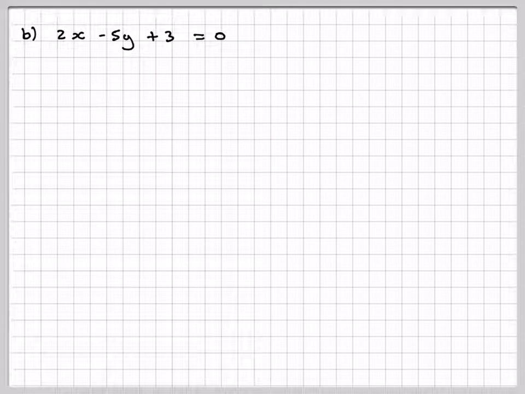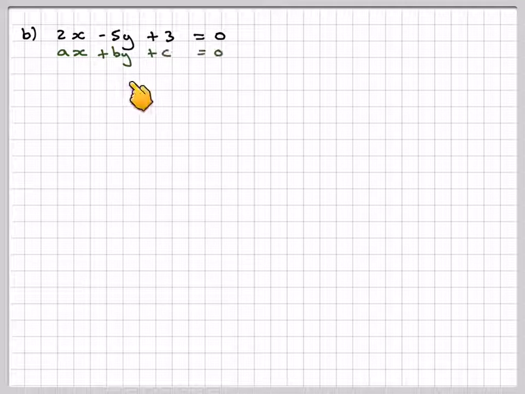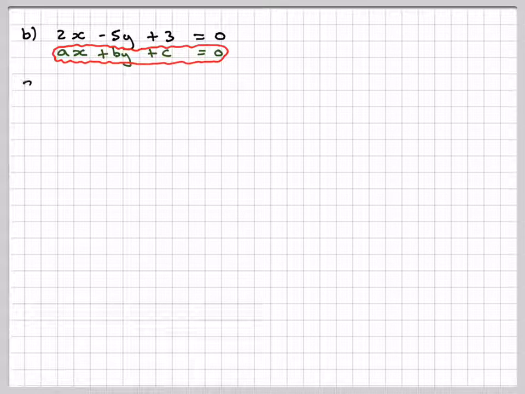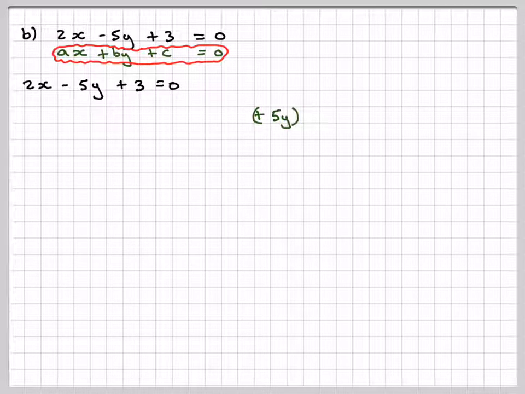So we've got 2x minus 5y plus 3 is equal to 0. This one is in the format ax plus by plus c is equal to 0. We've got to rewrite this in the form y is equal to mx plus c. So the first thing to do is to take this 5y to the other side, which we do by adding.